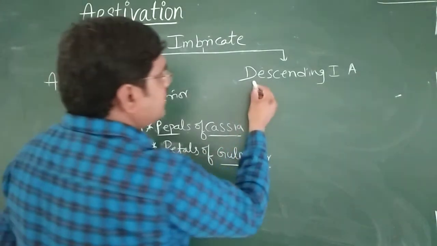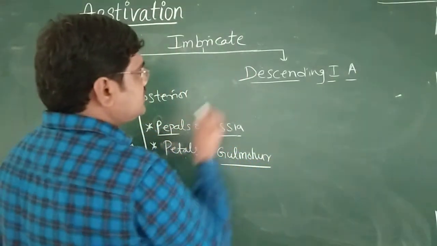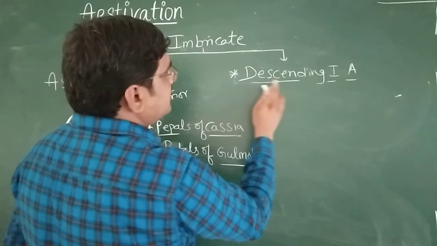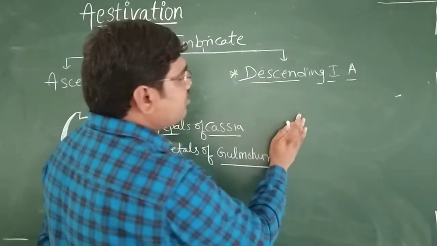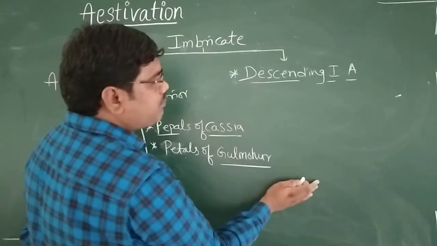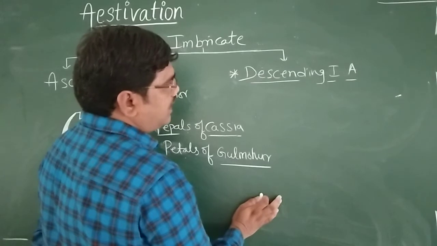Next, what is the descending imbricate estivation? This is the most important one. Here the petals are overlapping from the posterior side to the anterior side.